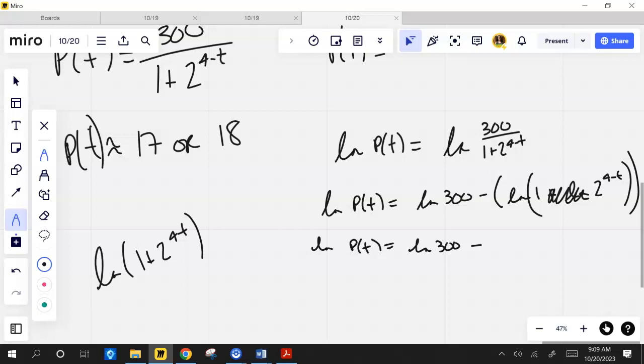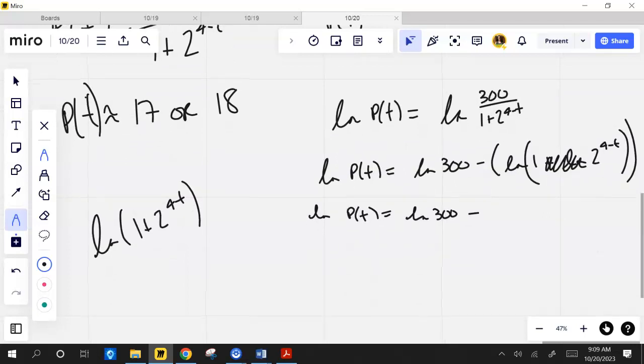All right. If I keep with logarithmic differentiation here, I'm thinking ahead to whenever I take the derivative, right? I'm going to have 1 over 1 plus 2 to the 4 minus t. And then I've got to multiply by the chain. So I've got to find the derivative of just this, which is my a to the x, which is on my pink sheet.